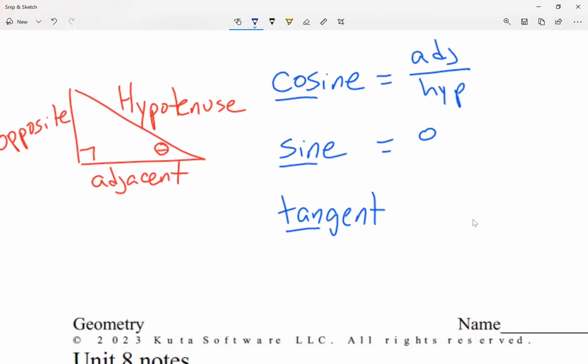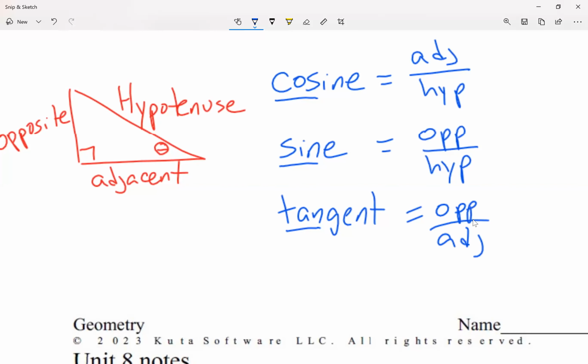Sine is opposite over hypotenuse. And tangent is opposite over adjacent.